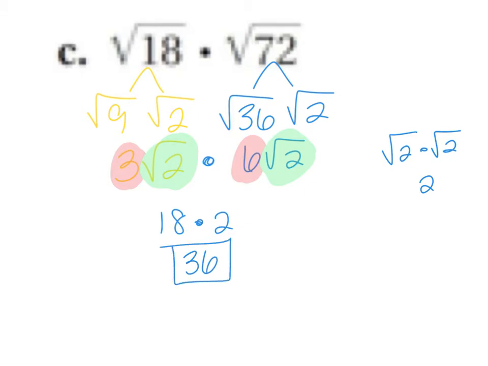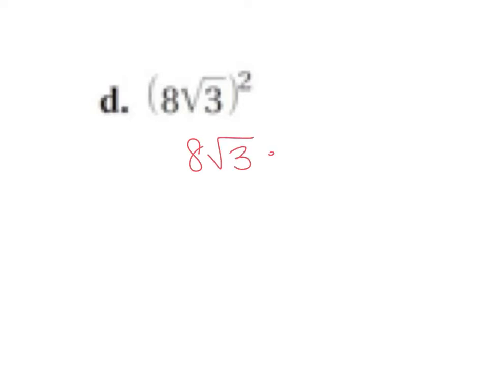Okay, let's go on to letter D. This one, 8 square roots of 3 squared. Since that parentheses is around the whole thing, that whole thing is being squared. So this is like 8 square roots of 3 times 8 square roots of 3. Okay, so just like the last problem, we're going to do the numbers on the outside.